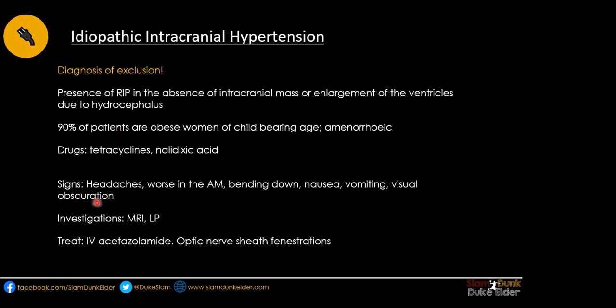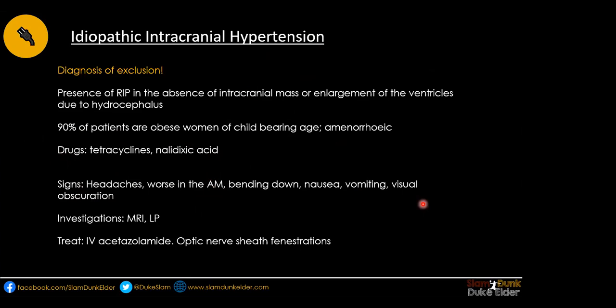So the signs, someone will present with just the general signs of raised ICP: headaches, worse in the morning, worse when you bend over. They can be nauseous, they can vomit, and they can complain of visual obscurations. What we mean by visual obscuration is a transient greying or blacking out of vision, which only lasts for seconds and then returns back to normal.